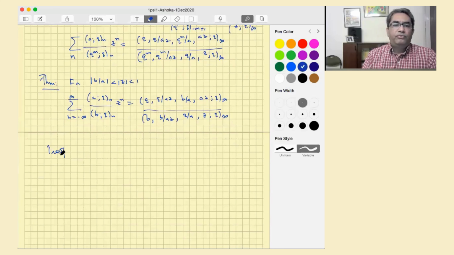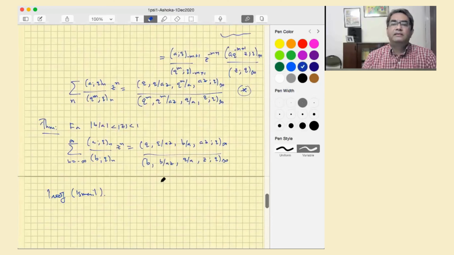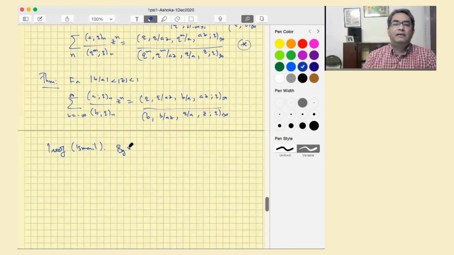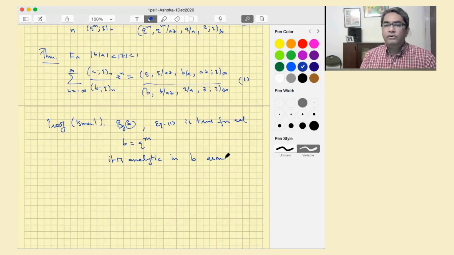The proof due to Ismail is as follows. By this star, this result is true for all b equal to q raised to m. It's an analytic function in b as a variable around 0.